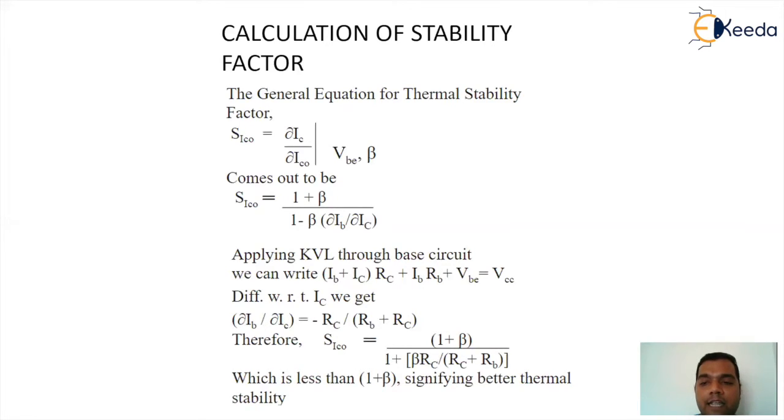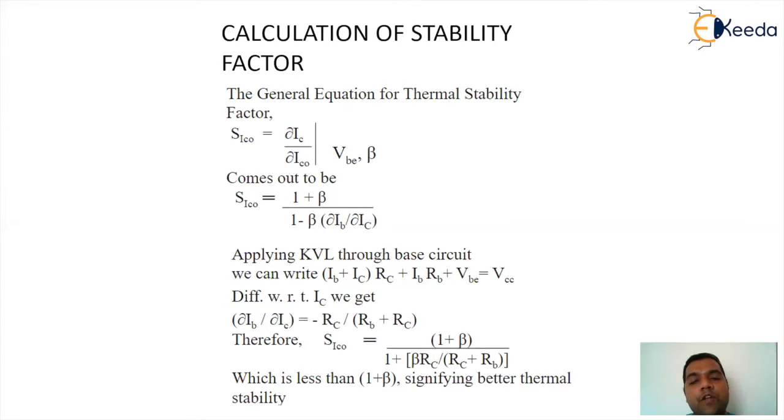Once you get it, differentiate it with respect to the output parameter, that is IC. You will automatically get the relation del IB by del IC. Take that value and put it in the equation of SICO, and we will land up at the value of SICO.